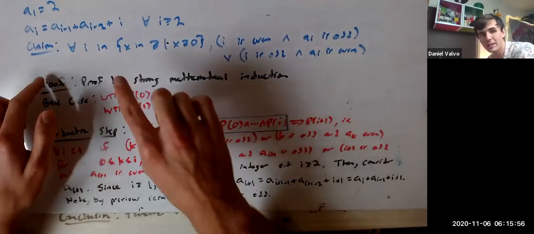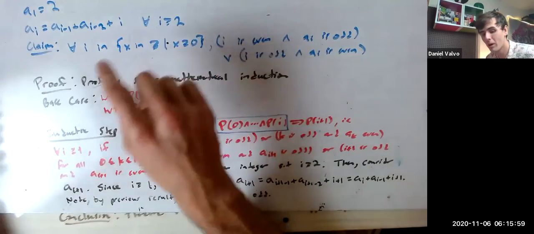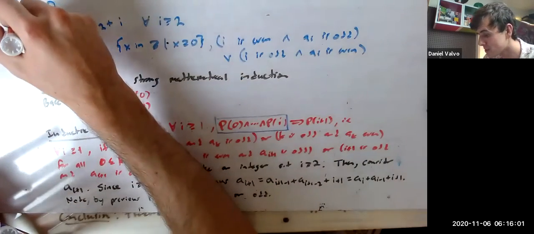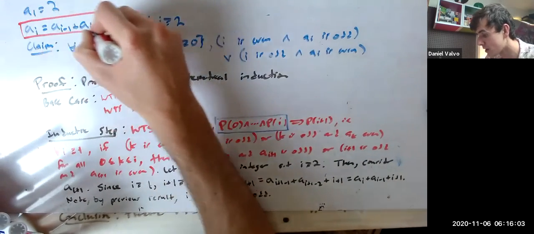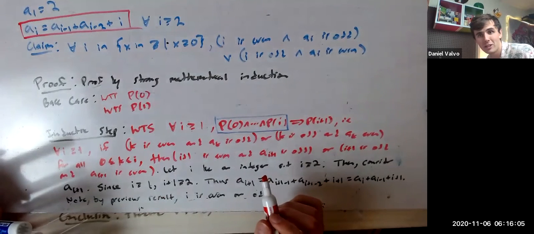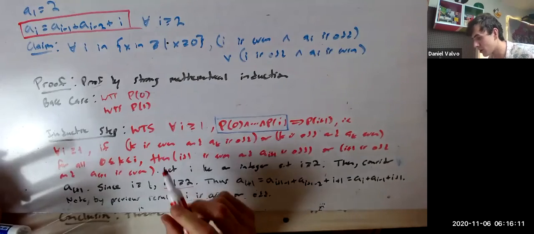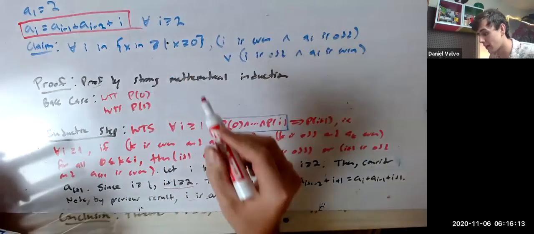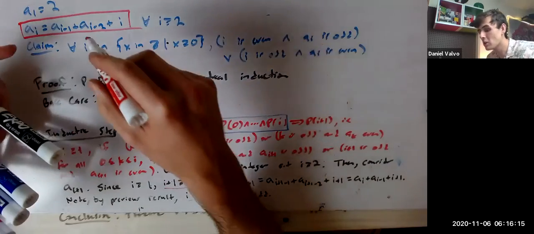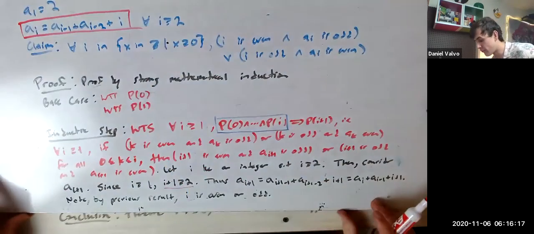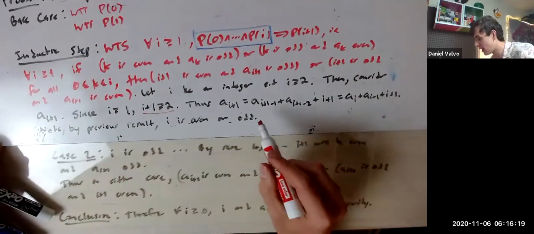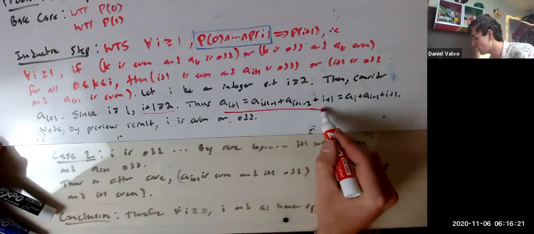And if I plus 1 is bigger than or equal to 2, all of a sudden we can use this recursive definition to talk about AI plus 1. That's the key. I plus 1 greater than or equal to 2 means we can use this formula to calculate AI plus 1.